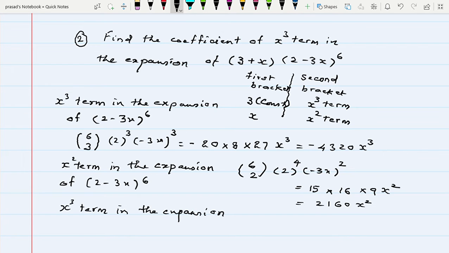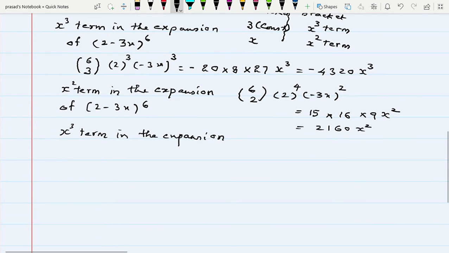First, 3 in the first bracket multiplied by the x cube term in the second bracket, that is minus 4320 x cube, plus the second term, that is x multiplied by the x square term in the second bracket, that is 2160 x square.